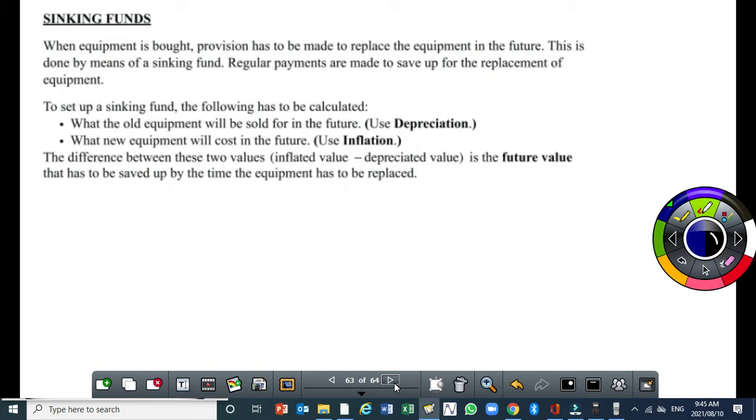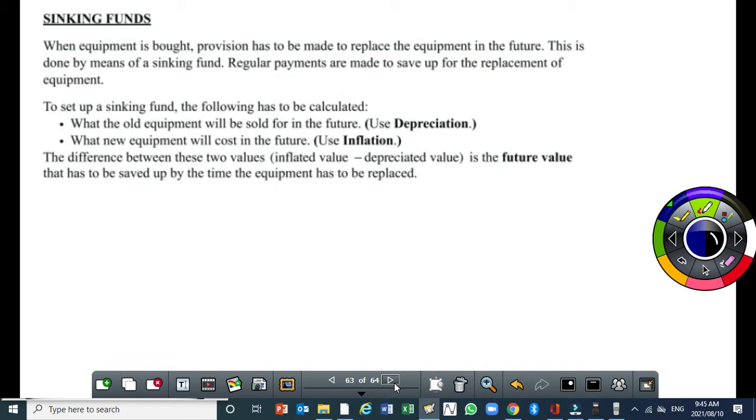All right? Now, because it's an investment, it is related to future value, because a sinking fund means you are trying to save money in order to buy new equipment in future, right? Also, there is a relationship with depreciation, because sometimes you might need to know what is the book value of the asset or what is the scrap value of the asset, but in most cases it's the book value.